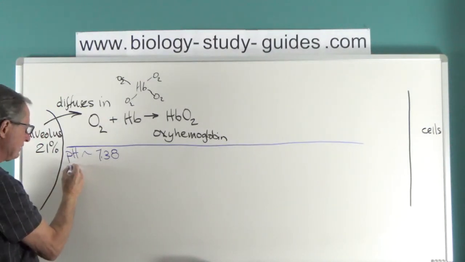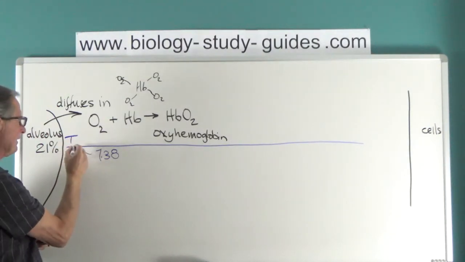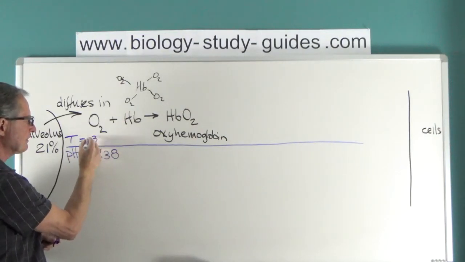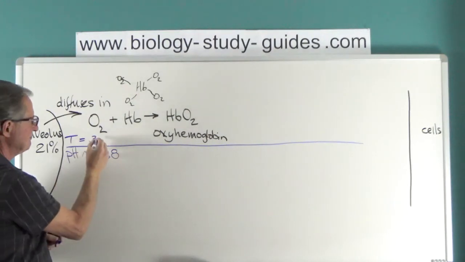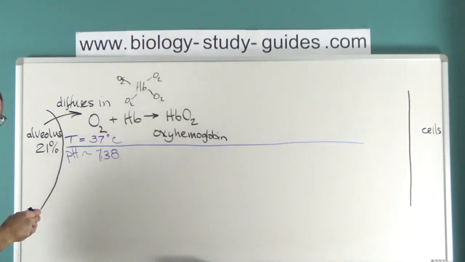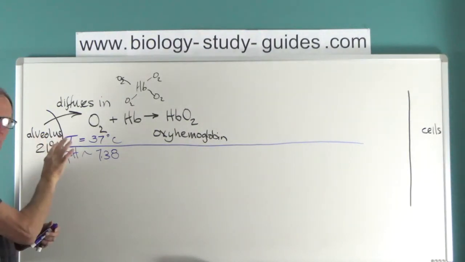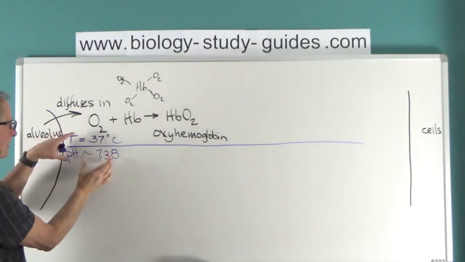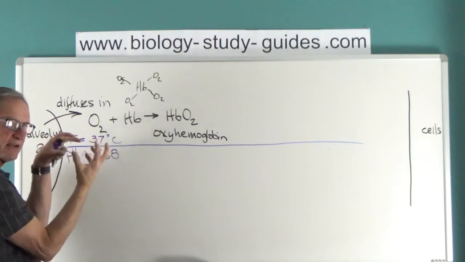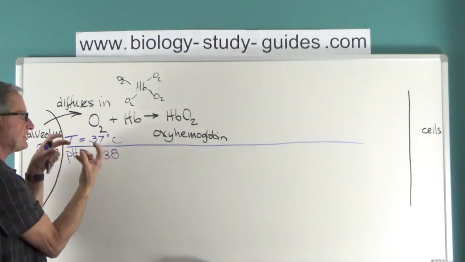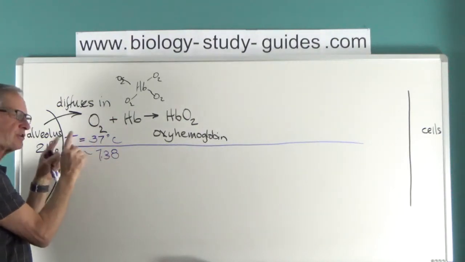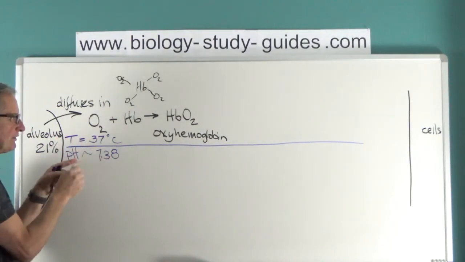The temperature here, I'll put temperature above the line, not that it matters, is around 37 degrees Celsius. That's very important to recognize, and the reason it's important is that these are the conditions under which oxygen bonds to hemoglobin. Hemoglobin is that quaternary shaped protein. It has a particular configuration that allows oxygen to bond to it at that temperature and at that pH.